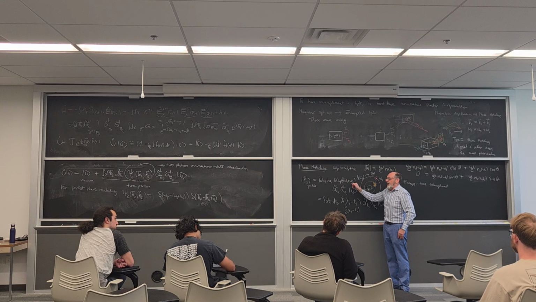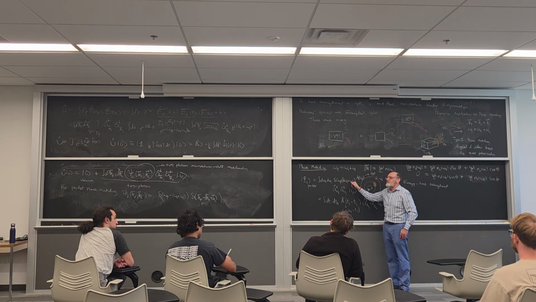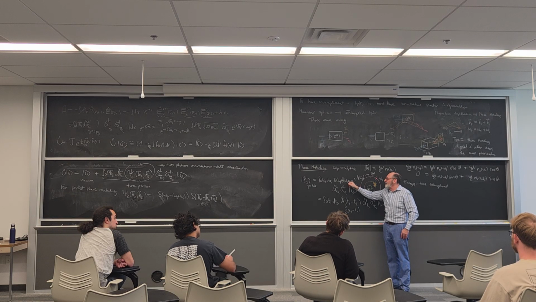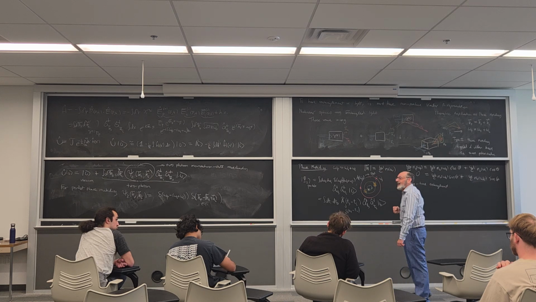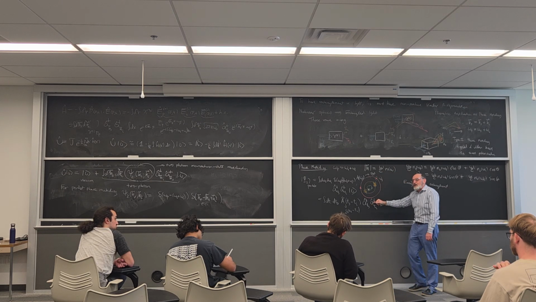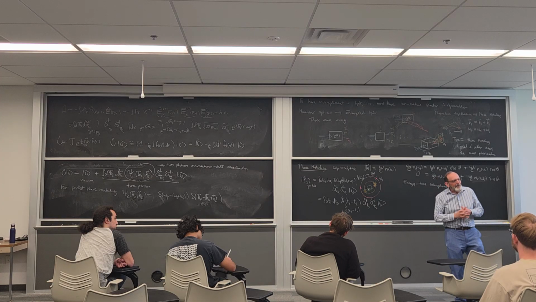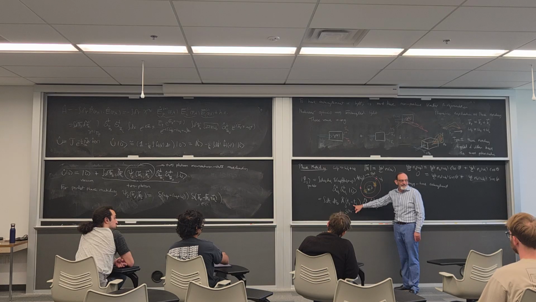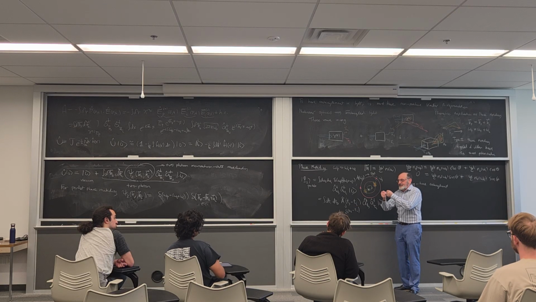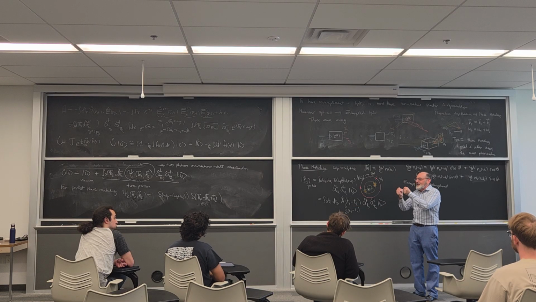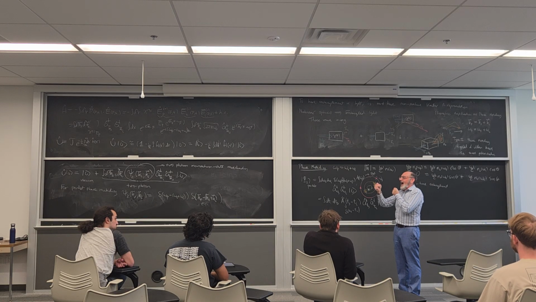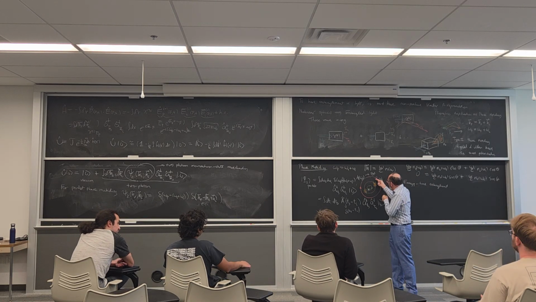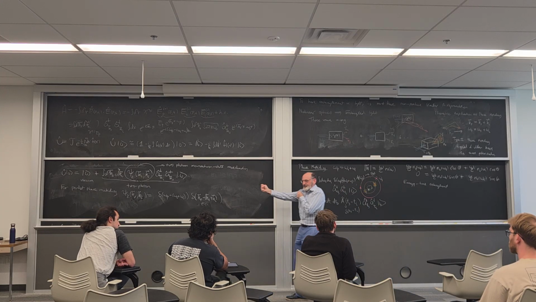So what this is saying is that the center of mass momentum of the two photons is fixed, but its relative momentum, or, I mean, it's the other way around. The center of mass is fixed, and its relative position is fixed. Let me try to say this again, okay? Remember, we have two particles, and because they're traveling along some direction, they're traveling like this.